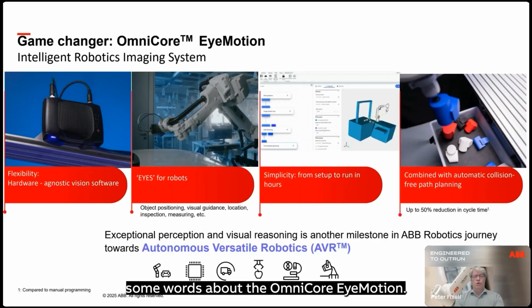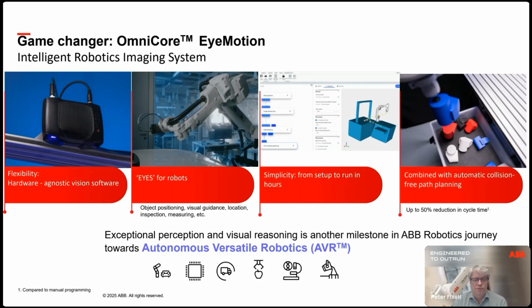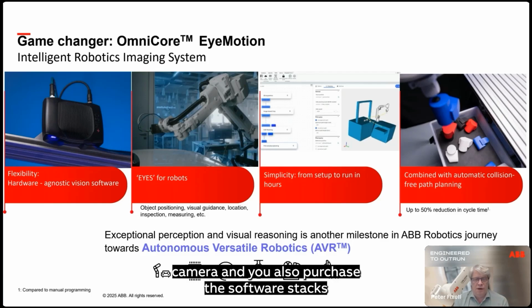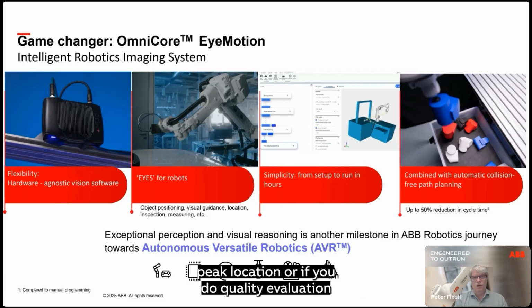So now there are some words about the OmniCore iMotion. OmniCore iMotion is a new way of integrating a vision capability into the OmniCore controller. And currently, I think you would agree with me, if you're running a vision capability in your cell, you typically buy a camera, and you also purchase the software stacks that are required to identify whatever you are looking at and create some knowledge about pick location, or if you do quality evaluation.